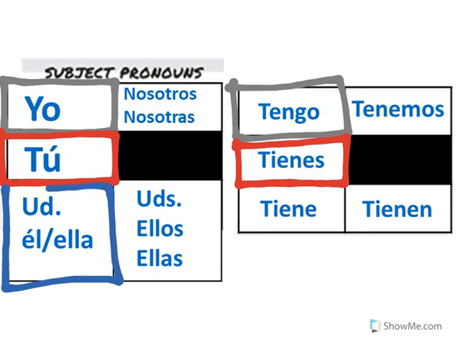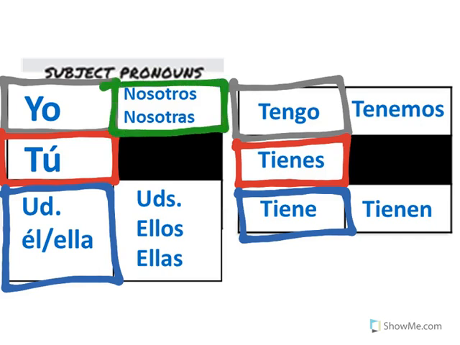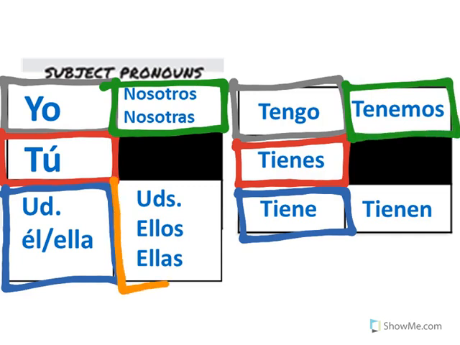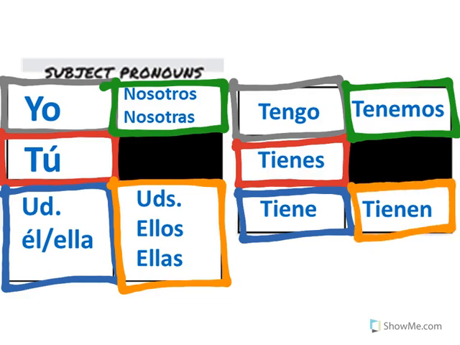Usted, él, and ella can only match up with tiene. Nosotros and nosotras with tenemos. And finally, ustedes, ellos, y ellas is with tienen. So these match up like a puzzle piece. You cannot mix and match these. What that means is that you cannot use yo with tienen. No, yo must go with tengo. Tienes must go with tú, and so on and so forth.